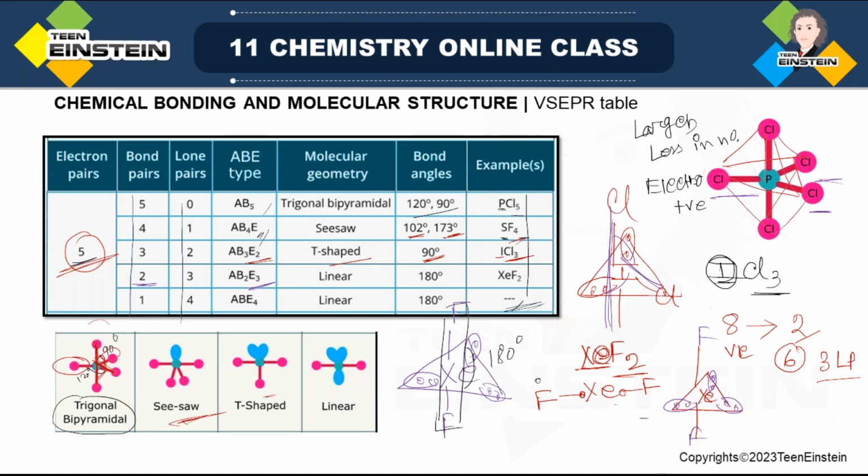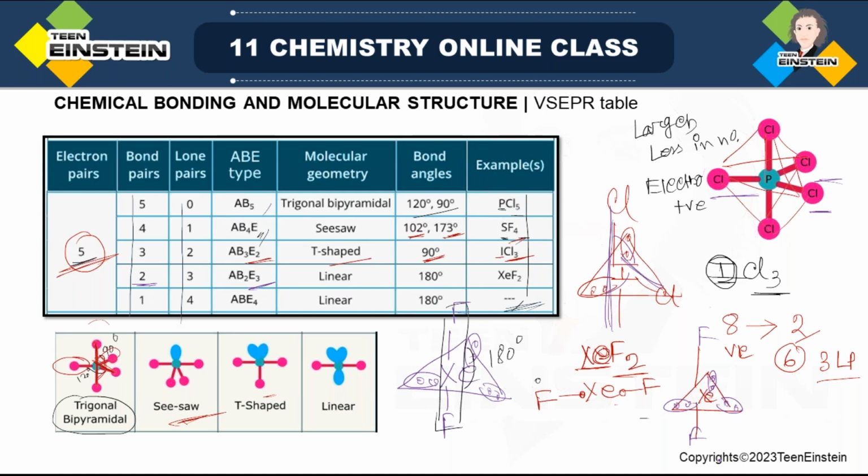So in this way, if any new molecule is given, you can draw the structure by considering its valence electrons. And after that, out of these valence electrons, how many are used in bond formation, how many in lone pair formation. In this way, the final geometry you can understand. Once you know the final geometry, then without the lone pair, what is the remaining shape, all these things you can understand.